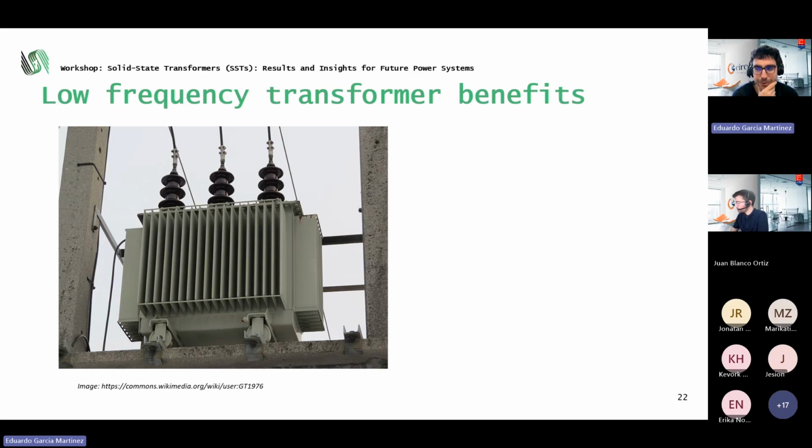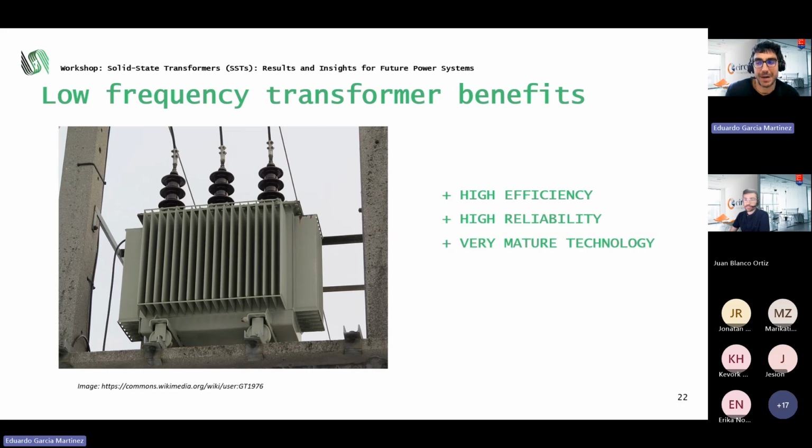We are not going to change them, because the low frequency transformer, from my point of view, is one of the best machines made by humans, because it has very good efficiency, very good reliability, and also it's a very mature technology, which increases the reliability, of course, but also reduces the price, because it has been developed for 100 years.